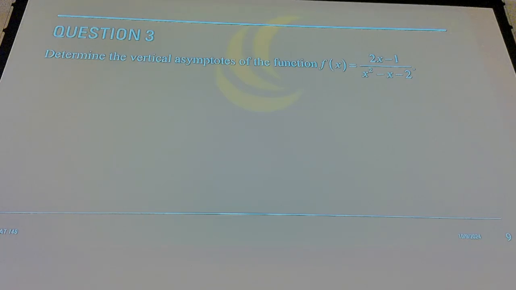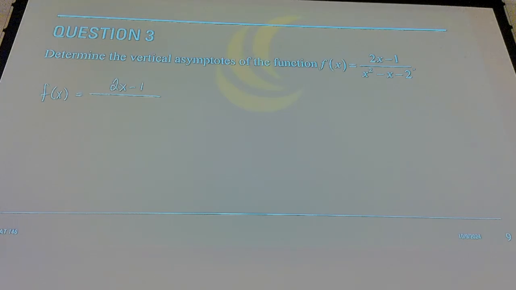Another way to do it, probably a better way: fully factor the numerator and the denominator. Can you factor the numerator? Can you factor the denominator?